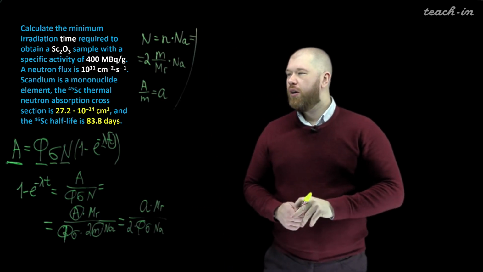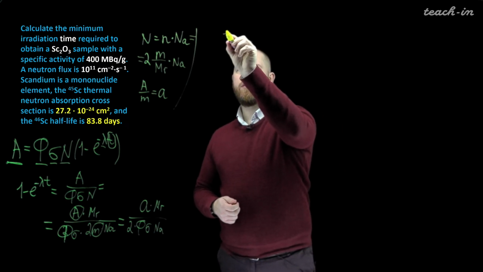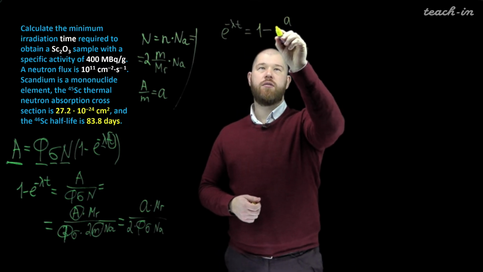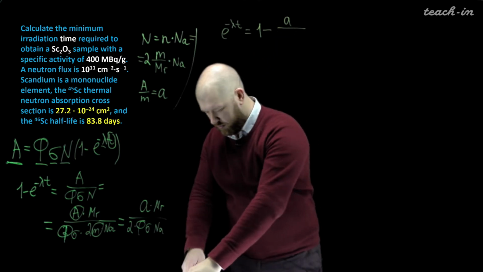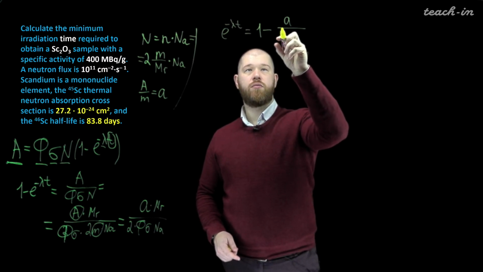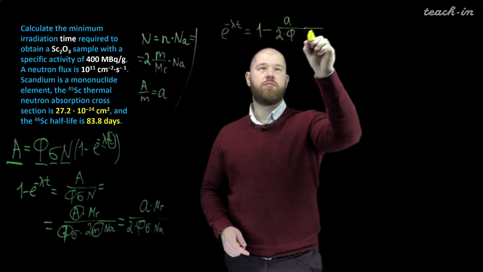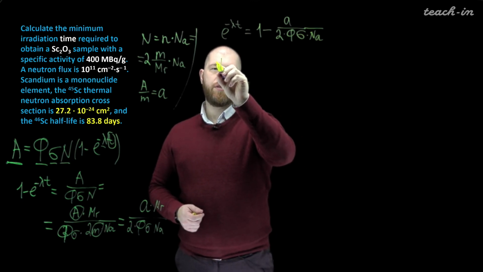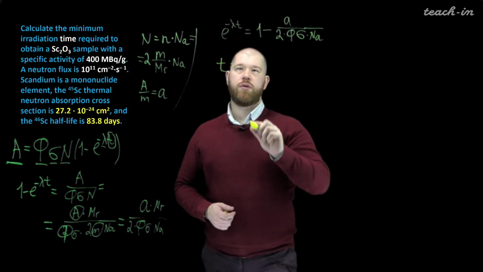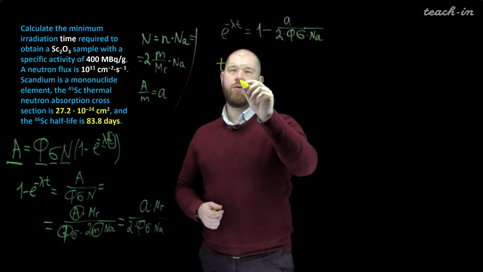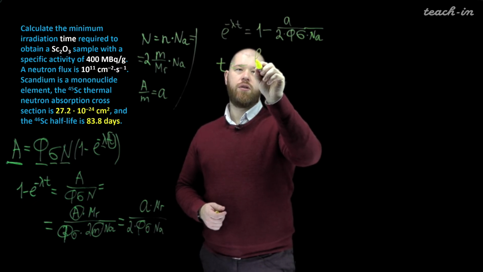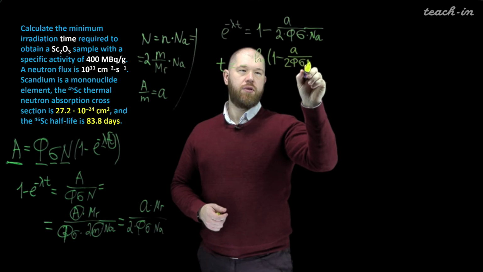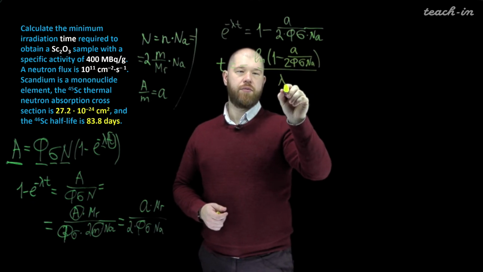So we will have finally that our exponent will be equal to 1 minus activity divided by 2 phi sigma Avogadro number, and that means that T will be equal to minus logarithm of 1 minus that, divided by lambda.